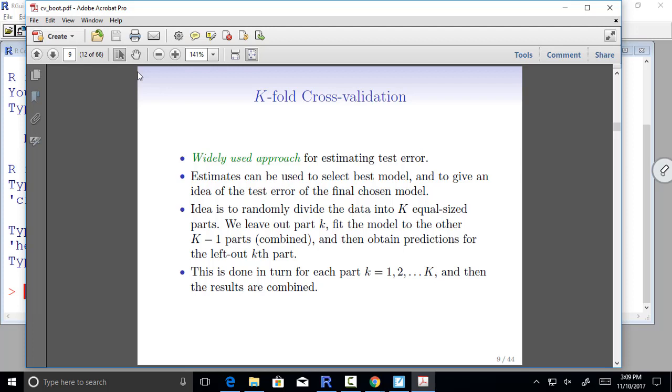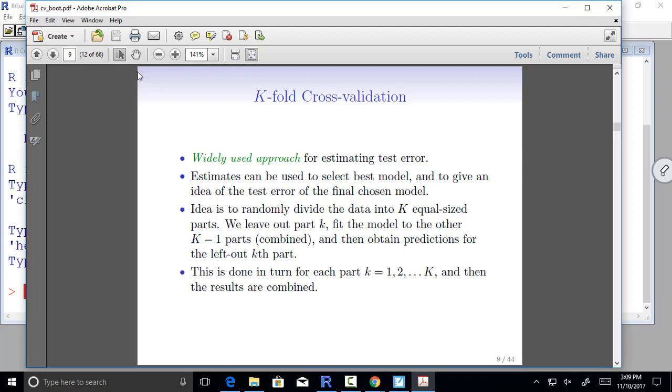You build the model, then you turn around and apply it to the held out fifth and record the accuracy. Then iterate again, and now we're going to repeat that, but the test set is the second fifth at this stage. The remaining 4/5 are the training, and you build the model, apply it to the test set, and store the accuracy.